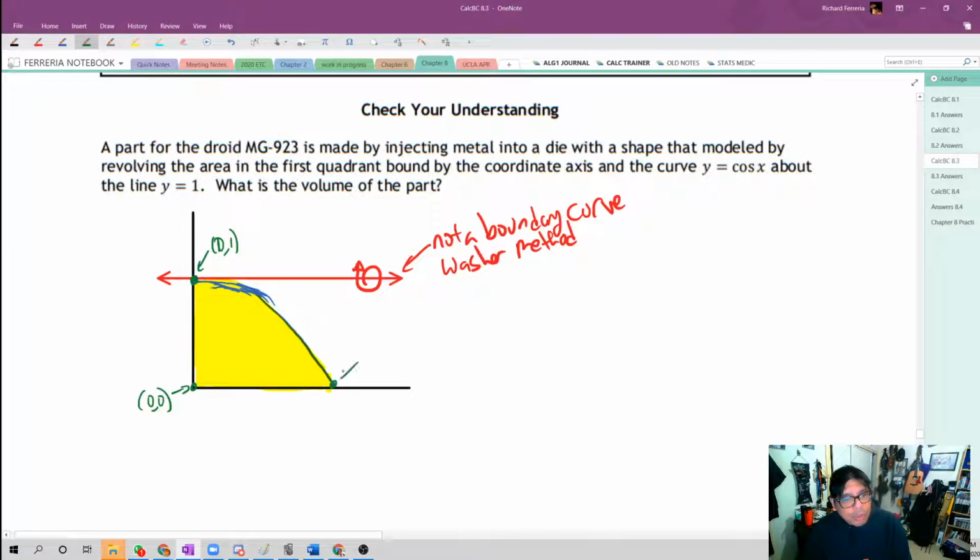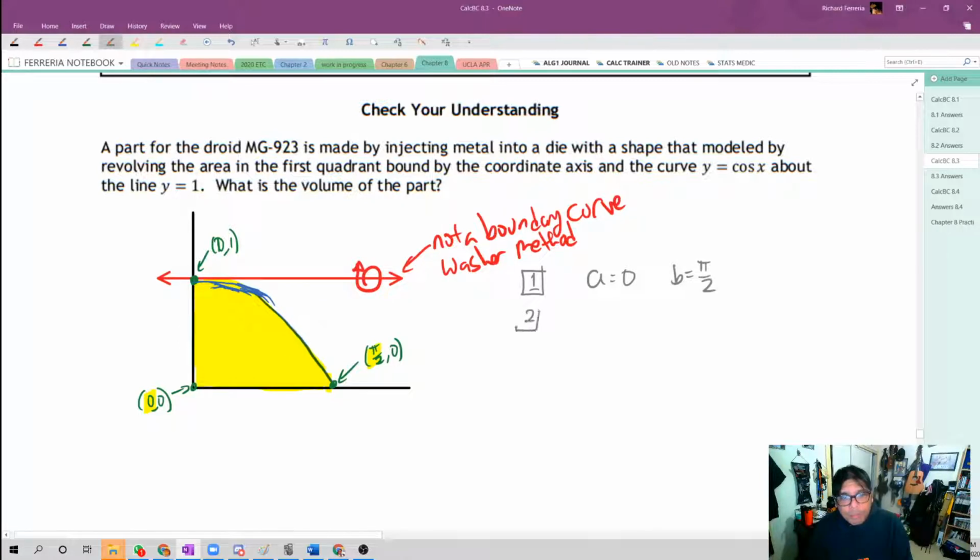And this corner right over here, that is (pi over 2, 0). So it looks as though that's going to be A, and that's going to be B. So A equals 0, and B equals pi over 2.